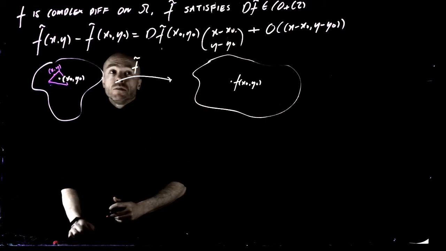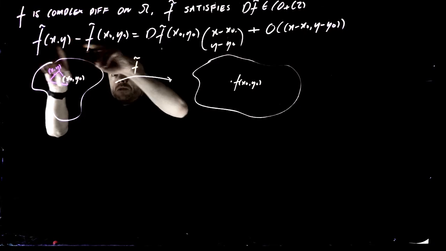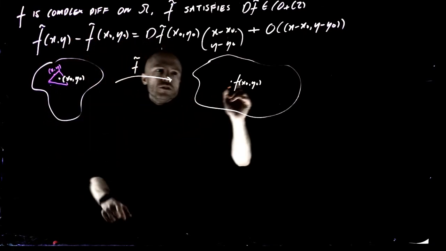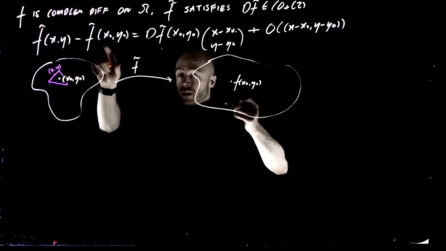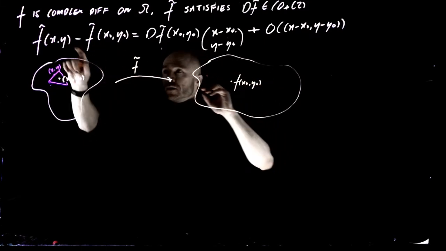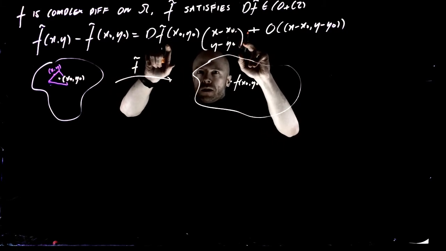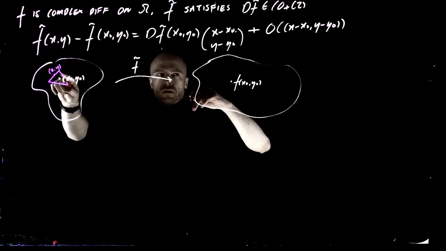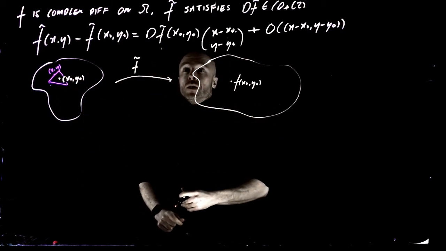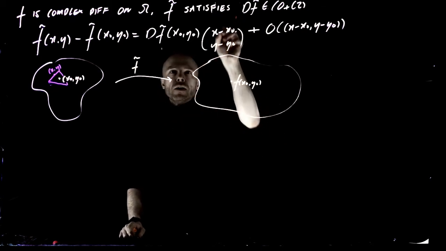What's happening is that the difference between f of x, y and this point over here, which we think of as fixed because we're moving the x and y around, and this is just the point we've chosen, so it's fixed. The difference between these two is given by basically this thing. And forget about this because it's very small compared to the scale of the triangle. So as we move along, we basically have this going on.